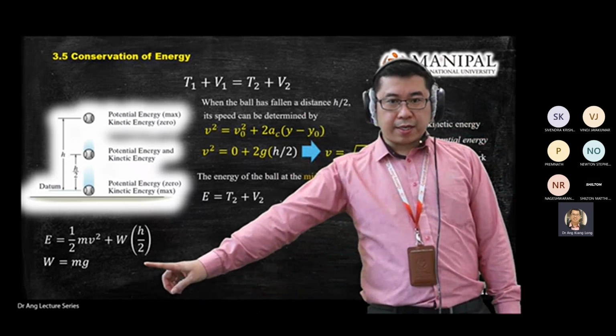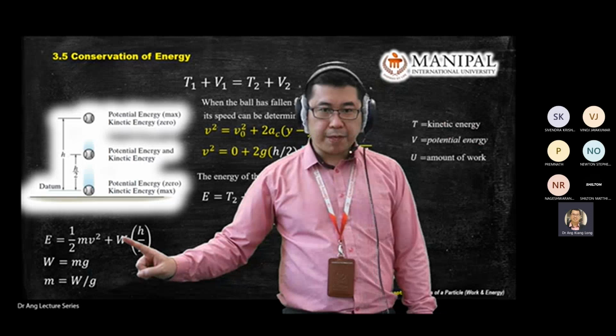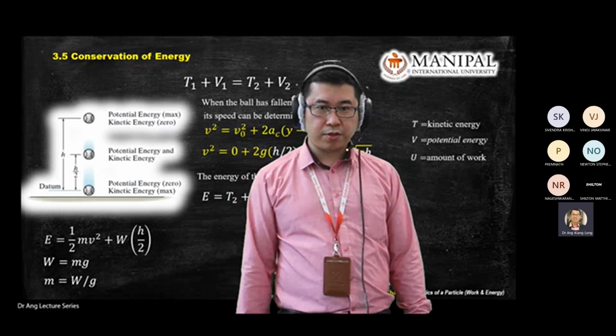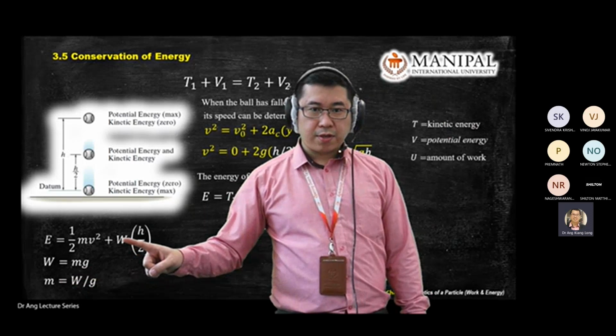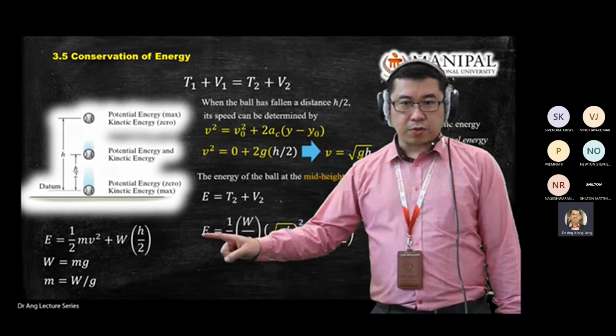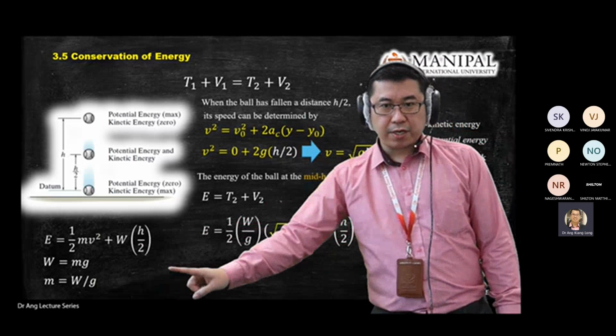You will get, okay, you rewrite it in terms of W divided by g, or you can write your equation in mass if you want. So you can change this equation over here into here.